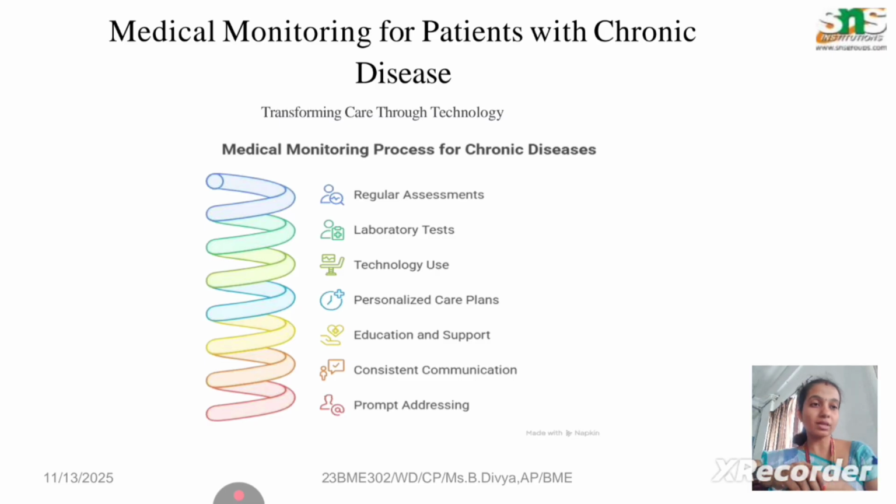And then prompt addressing: what prompt we give, how it gets addressed, and how throughput it gives. These are all the processes of how medical monitoring can be done for chronic disease patients.